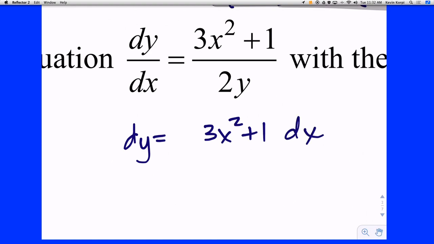Now, here's the thing. You need parentheses there because it's two terms if you're going to put it in the numerator. When you multiply both sides by y, which I think you can see you're going to need to do, the question is, do you want to leave the 2 on the right side and call it a 1/2 constant, or do you just want to bring the whole 2y over here to the left? Because constant multiples can be on either side.